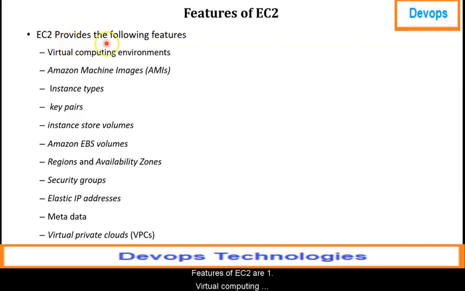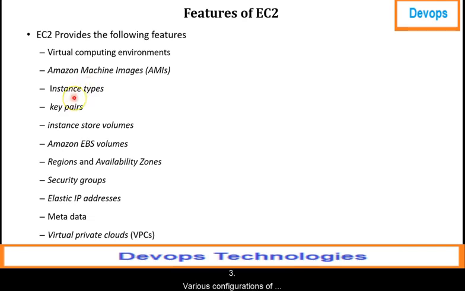Features of EC2 are: first one is virtual computing environments, known as instances. Second one is pre-configured templates for your instance, known as Amazon Machine Images, that package the bits you need for your server, including operating system and additional software.